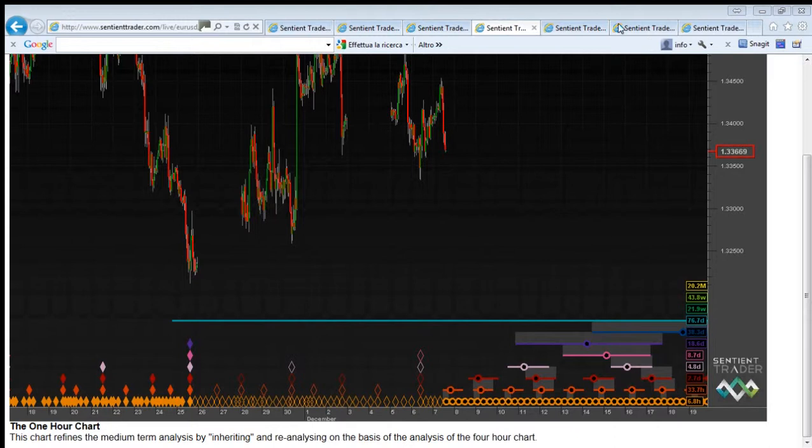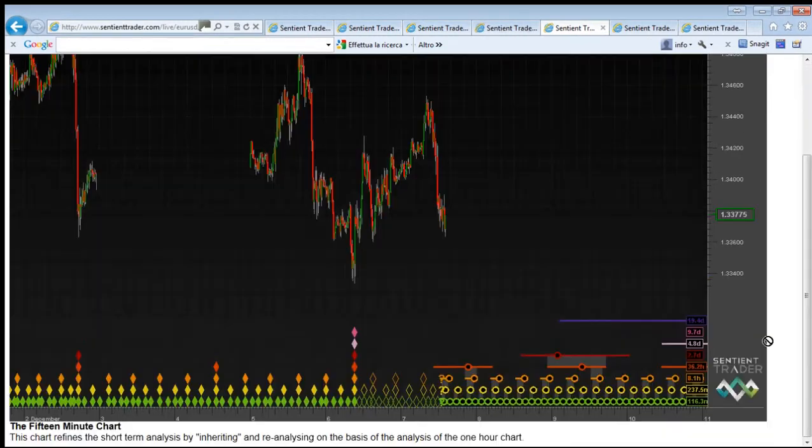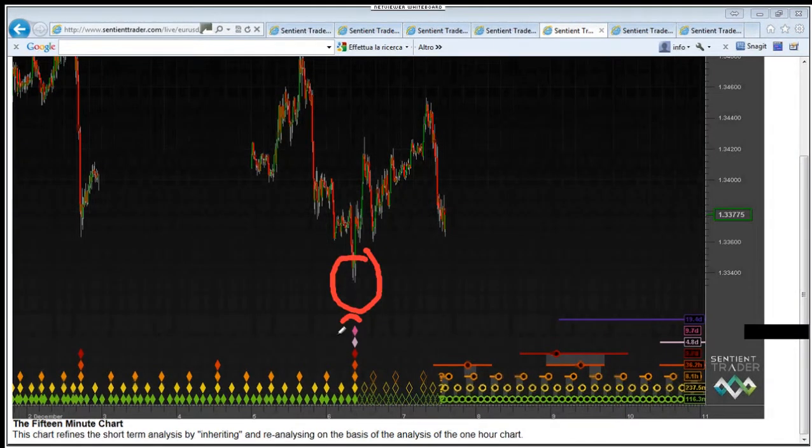So that's a trough of the 10-day cycle, and so we step down to the next shorter chart, which is a 15-minute chart, and you can see the analysis has been even further refined, and there is the 10-day cycle trough on the 6th of December.